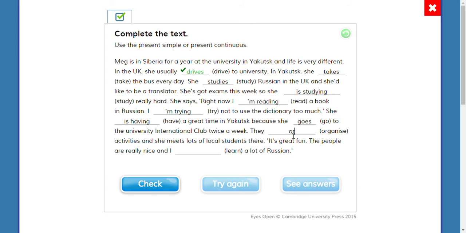They organize activities and she meets a lot of local students there. It's great fun. The people are really nice, all the time. Yes, I'm learning, and I'm learning a lot of Russian.